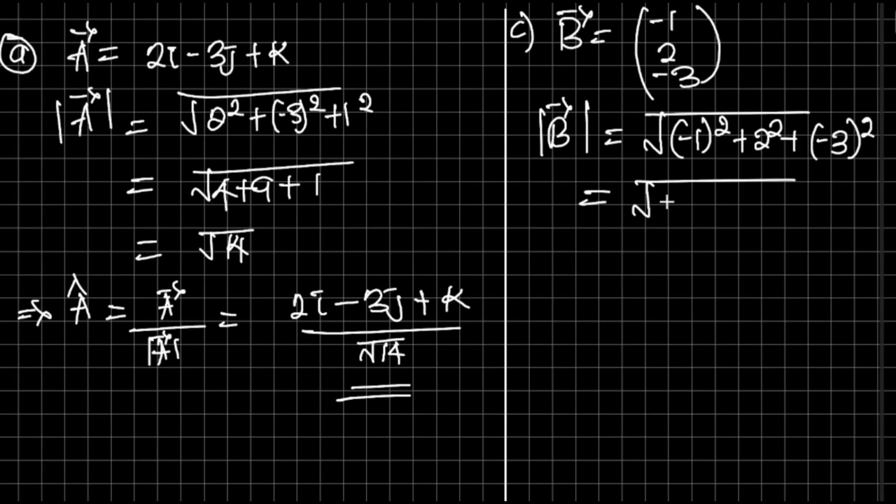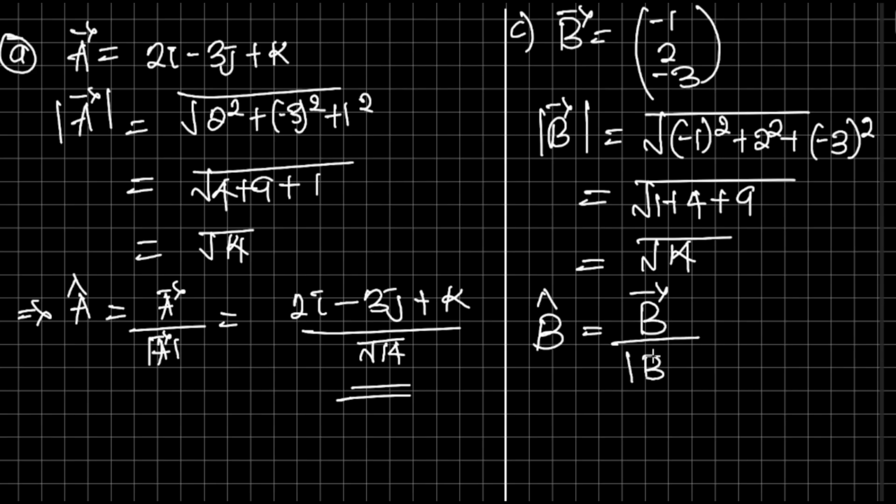This is 1 plus 4 plus 9, which is the same thing, 14. So the unit vector of B will be equal to B all over the modulus of B, which is equal to 1 over root 14 times minus 1, 2, minus 3. So that is what we have.